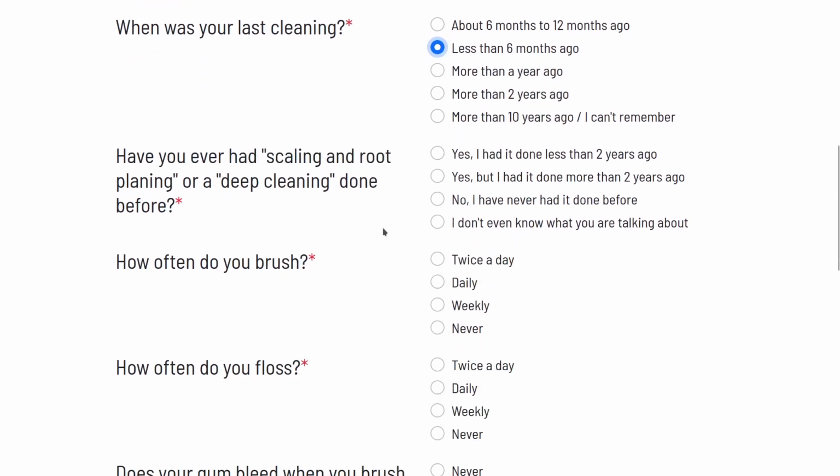And then, have they ever had a scale and root planing done, also known as deep cleaning? If you know that they had a deep cleaning recently and they still have deep periodontal pockets, you know at that point that additional scale and root planing is not going to be too useful. So you know you have to go to periodontal surgery or simply just refer the case to a specialist.